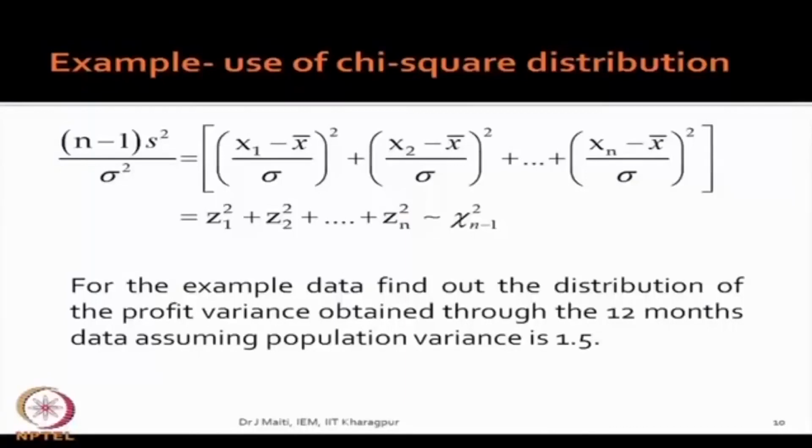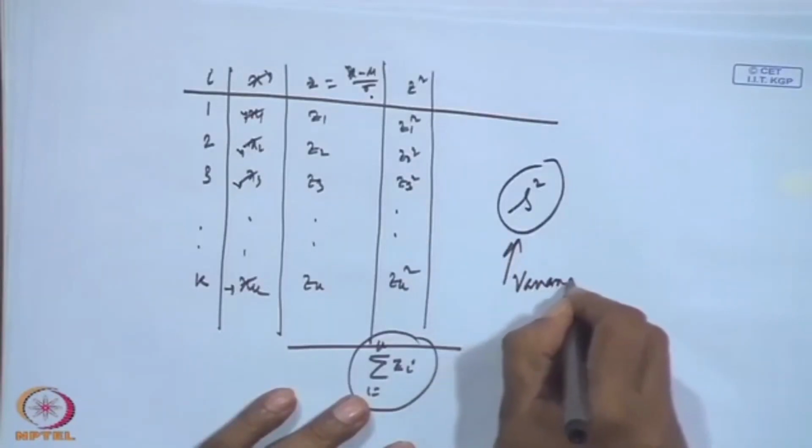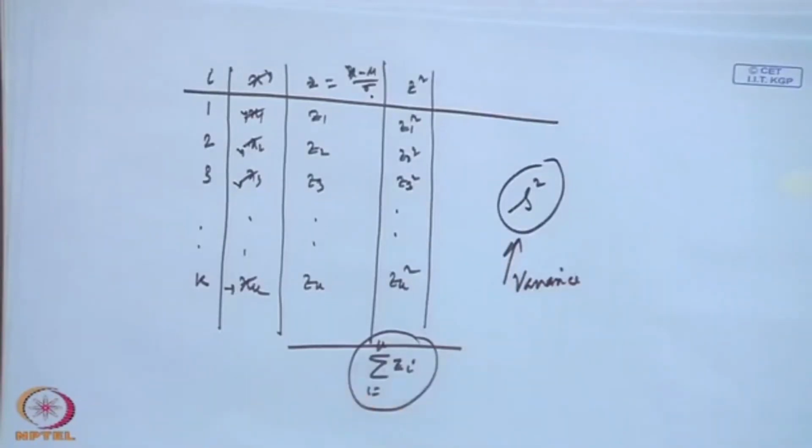Now, see, I told you we want to find out the distribution of sample statistics. Getting me? Now, one of the sample statistics is the sample variance, S square. How do we know what the distribution of S square is?